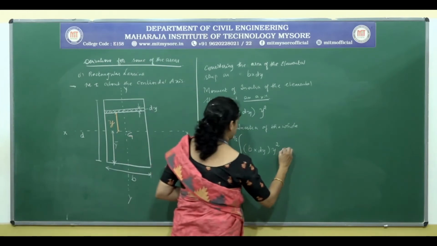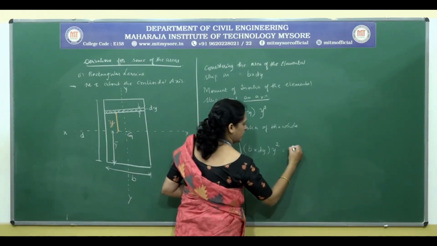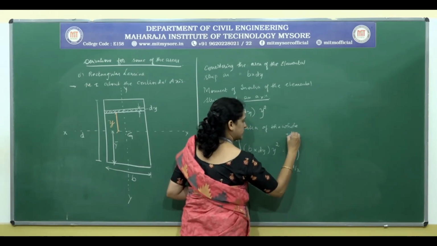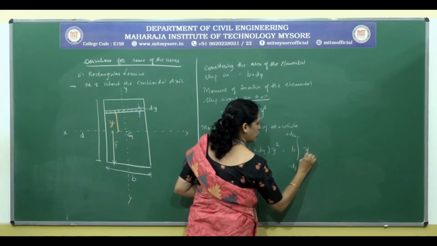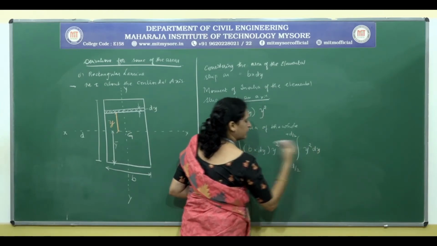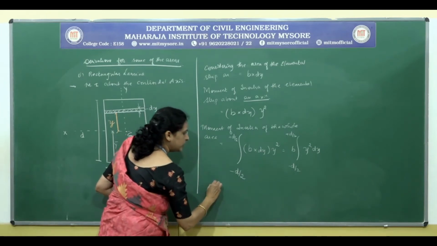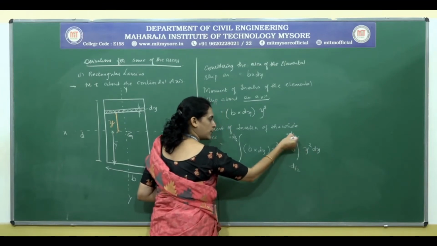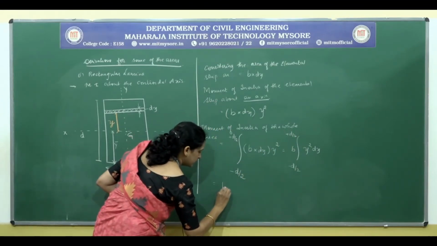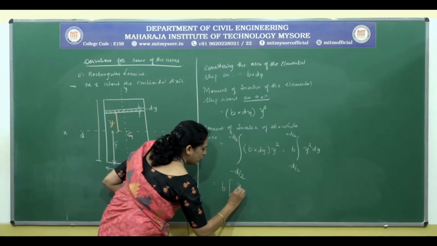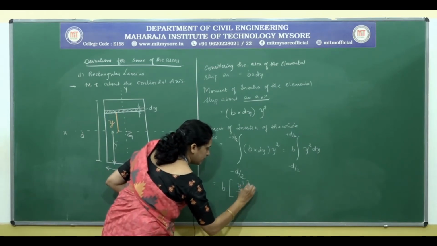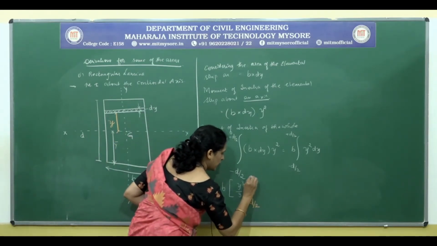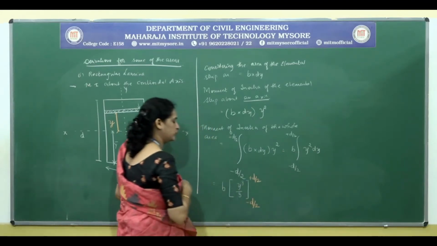Further, b is a constant, so we have b times the integral of y square dy. Integrating y square dy upon the limits of minus d by 2 and plus d by 2, we get y cube by 3 upon the limits of minus d by 2 and plus d by 2.